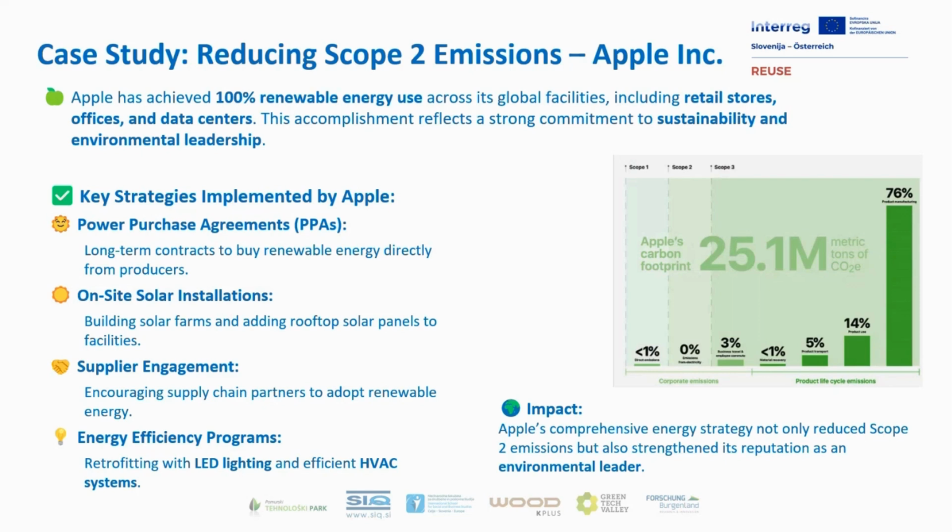Next, they invested in on-site solar installations, which includes building solar farms and installing rooftop solar panels at their offices and production sites so they can generate clean energy exactly where it's needed.